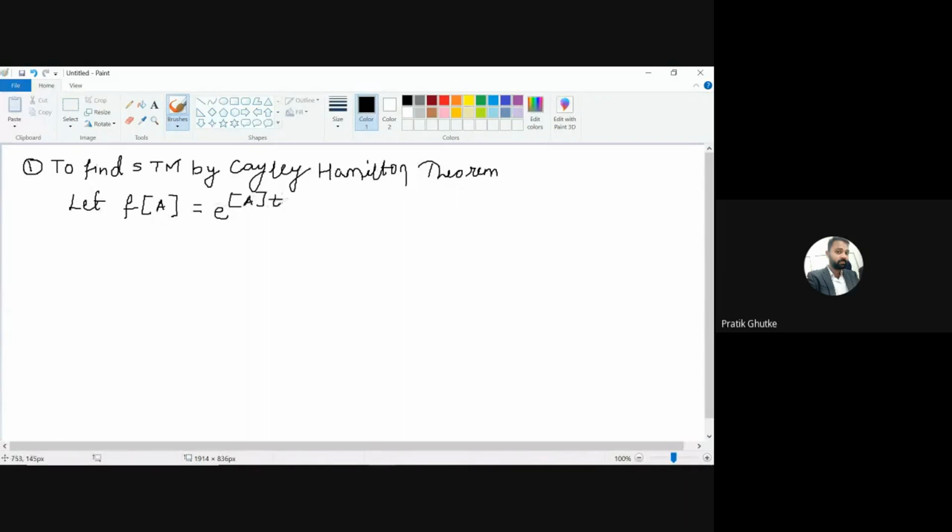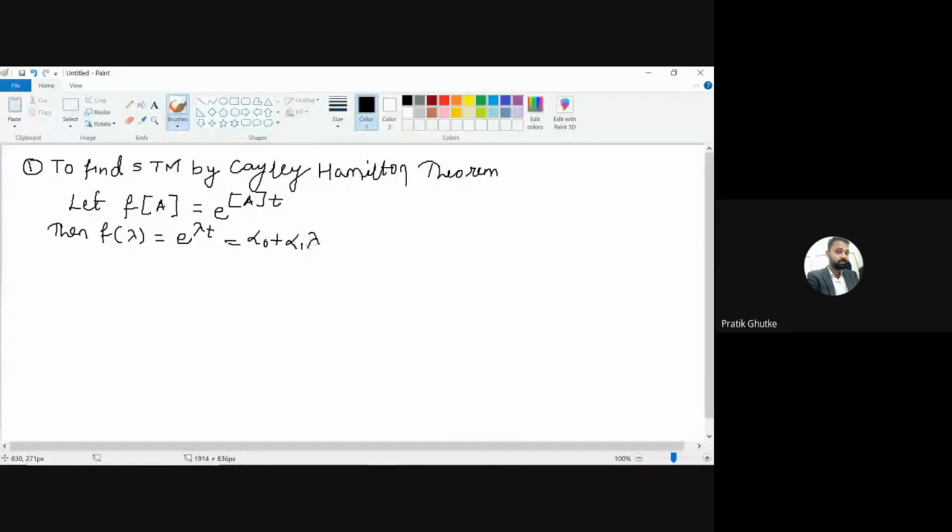Then f of lambda equals e raised to lambda t, obviously. Let me show how to calculate it: alpha 0 plus alpha 1 into lambda.